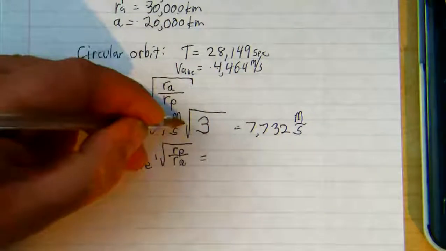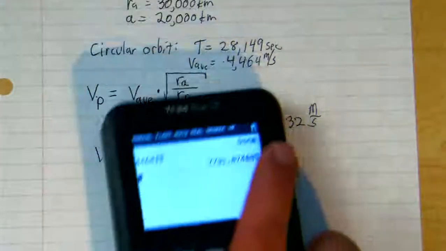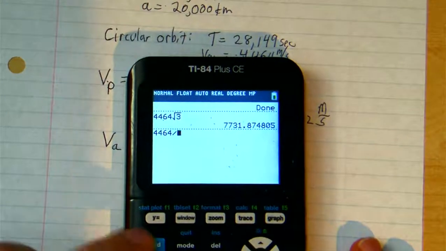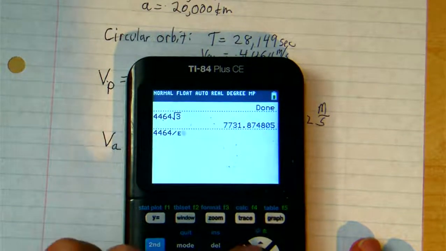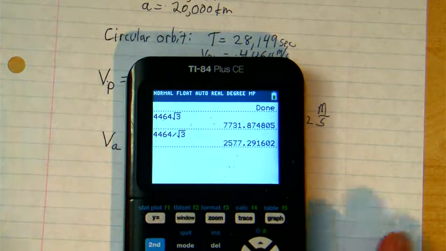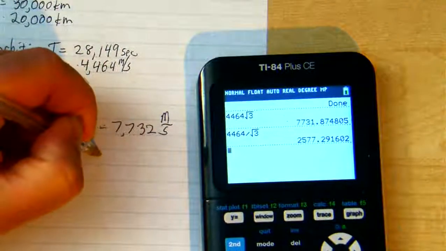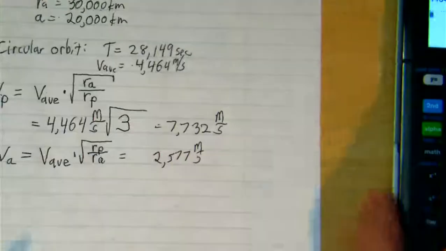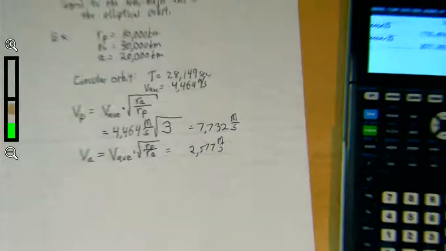So if I divide 4,464 by the square root of 3, instead of multiplying, I claim that was the other speed, 2,577 meters per second. Ta-da! This ends the recording.